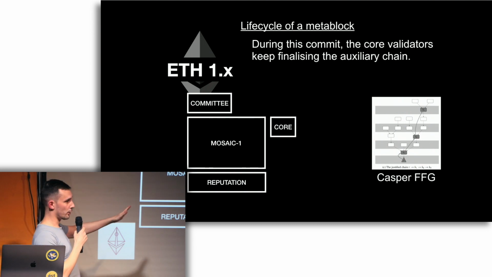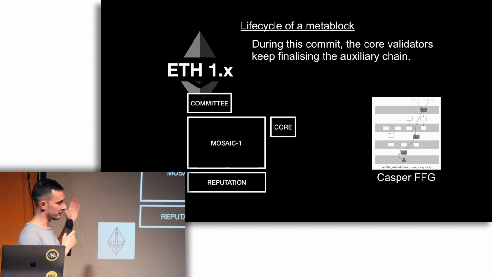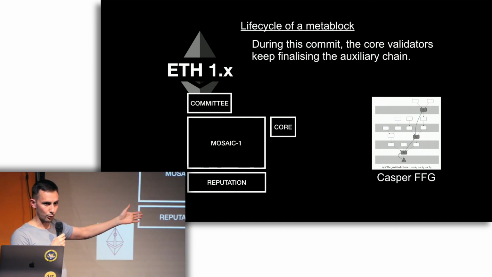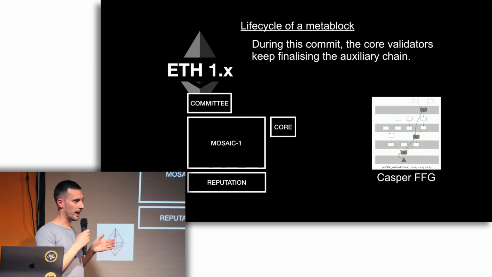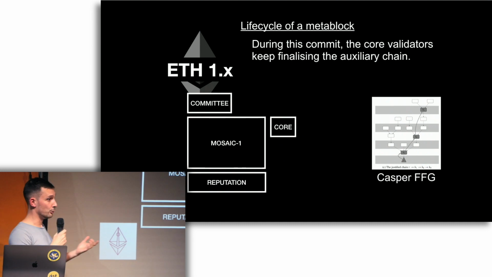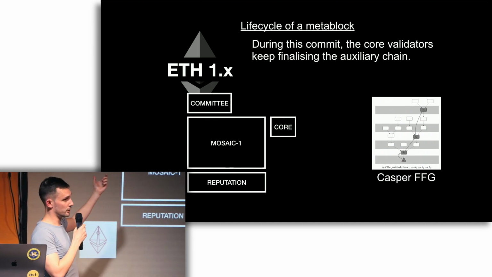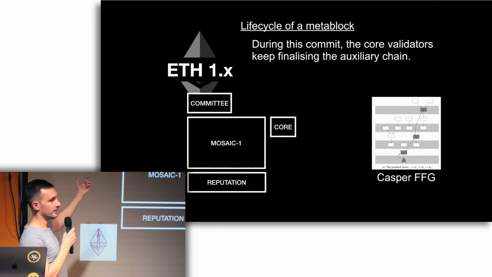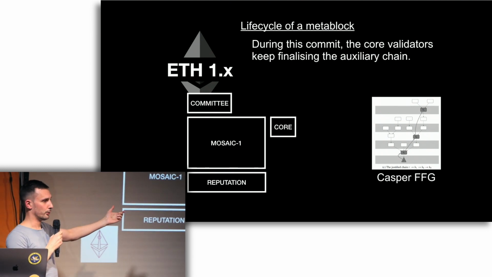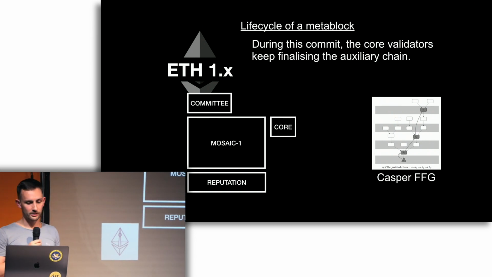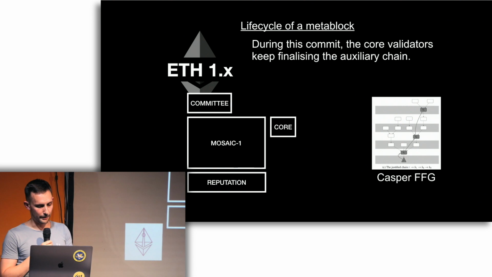And so whether this process of committing to Ethereum takes a day or a week and happens once a day or once a week doesn't matter, because the auxiliary system keeps finalizing its own history at normal Casper FFG speed. And it knows that eventually, if it needs to, it will be held responsible by a committee for any of the votes at any point. Those votes can be brought to the committee contract, and they will be held responsible.